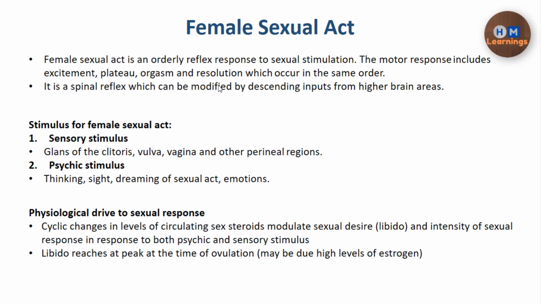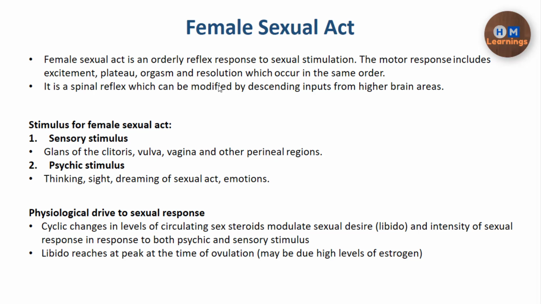In the female, the menstrual cycle is there, during which the sex steroid hormones fluctuate cyclically. These hormones also influence the physiological drive to the sexual response, which is called libido. Libido is basically sexual desire.